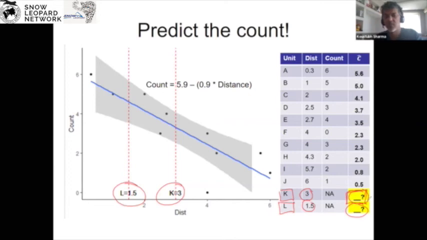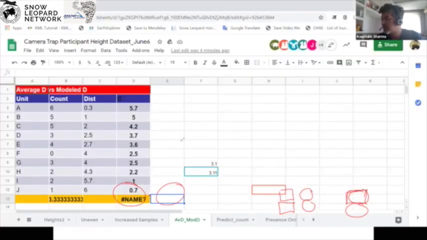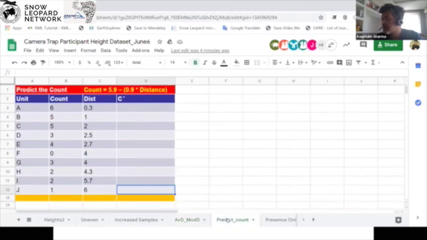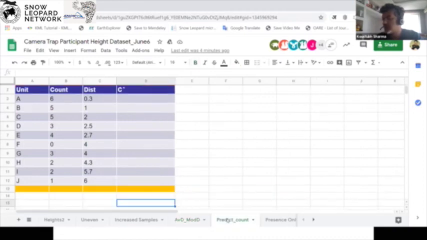This is also there on the Google Sheet for you to do the prediction. Yeah, it's called predict count. So you can use the predict count to, oh, I haven't done it, sorry.